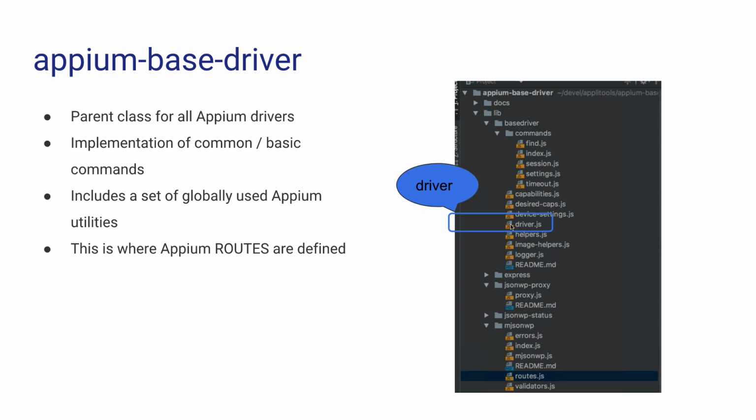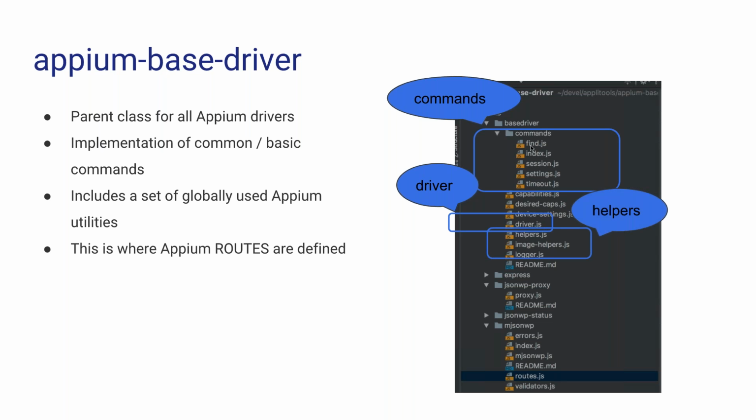So driver.js is the main file which contains the common driver implementation for all other drivers to use. You have a set of common commands that are defined under the commands folder, and you have helpers.